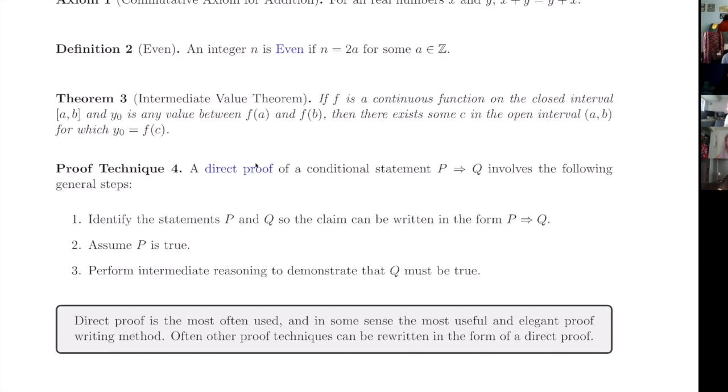And then we think about how we can prove this. Well, let's assume that P is true, and then we're going to try and show a bunch of logical connections to get our way down to the conclusion and show that therefore the conclusion also has to be true.